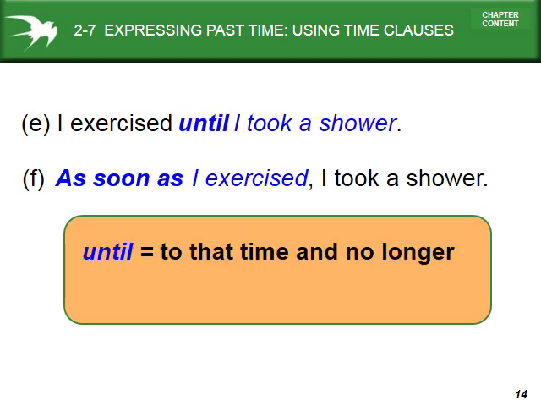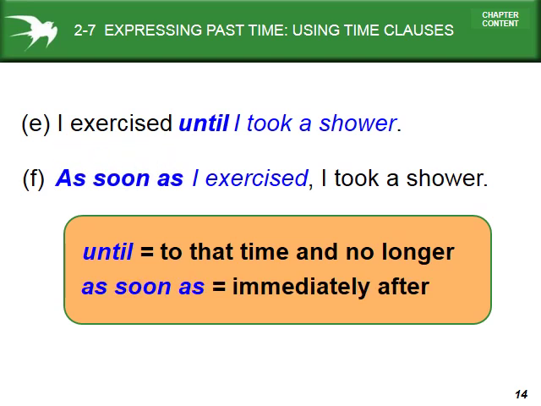So what until means is up until that point, up to that point, and no longer. So I exercised until I took a shower, meaning I stopped exercising when I took a shower. Okay? As soon as means immediately after. As soon as I exercised, I took a shower. So that means immediately after that, I took a shower.